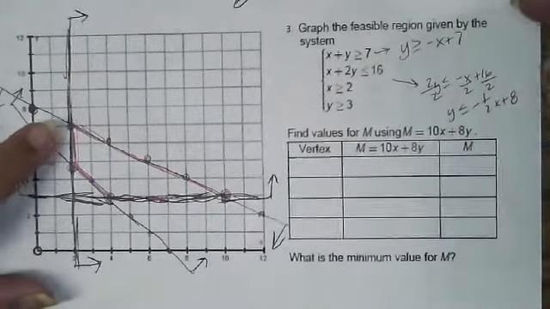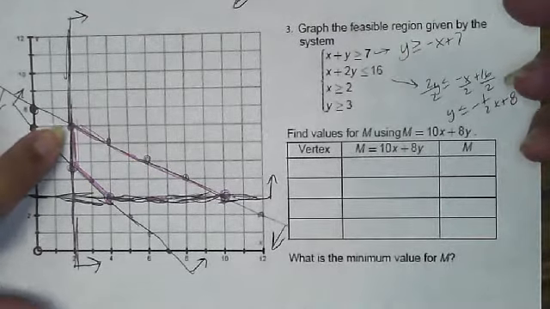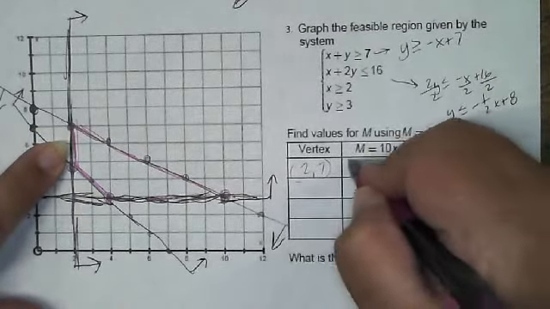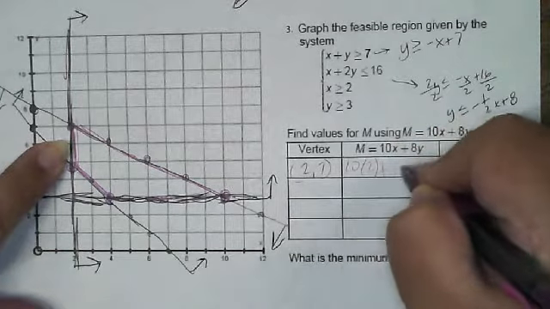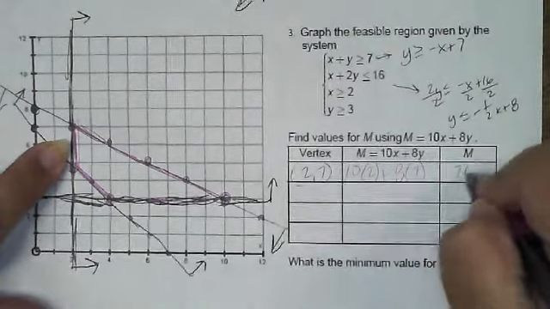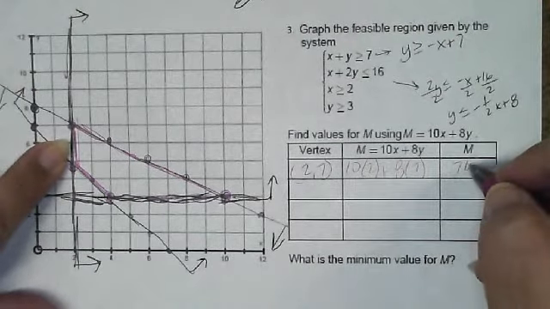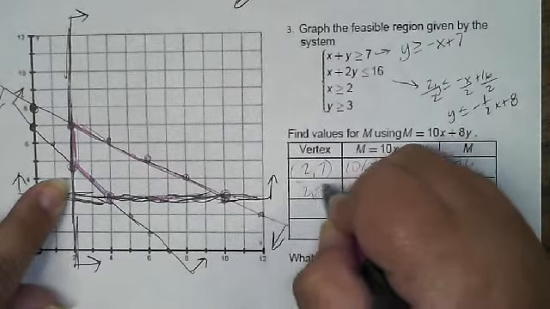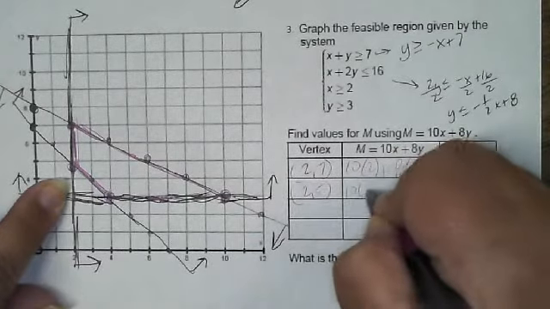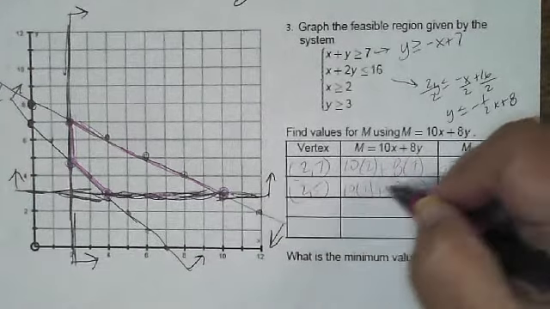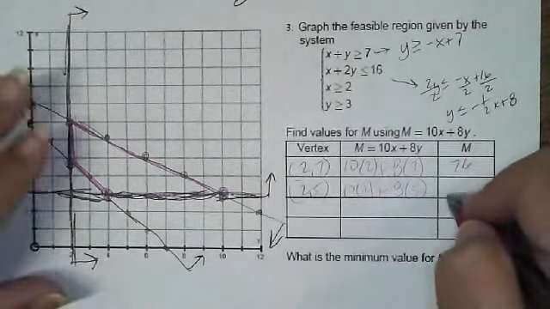So let's start up here in the corner. I have 2, 7. So that'd be 10 times 2 plus 8 times 7. So 20 plus 56 is 76. Next one is 2, 5. So 10 times 2 plus 8 times 5. So 20 plus 40 is 60.